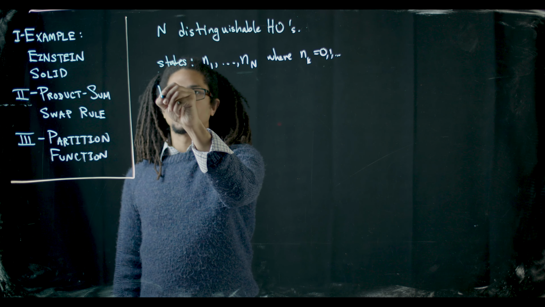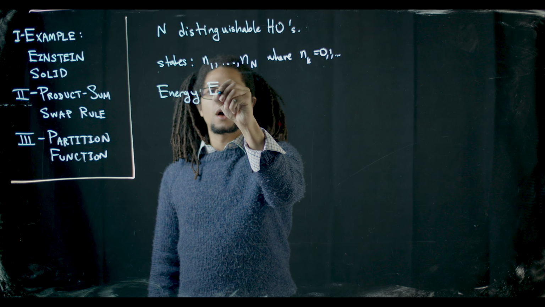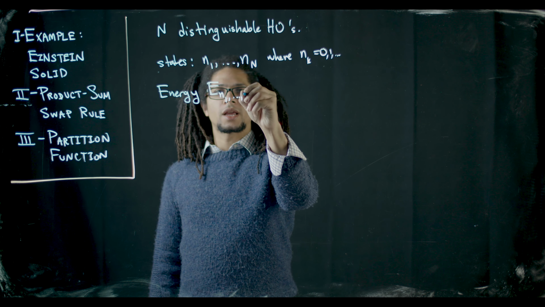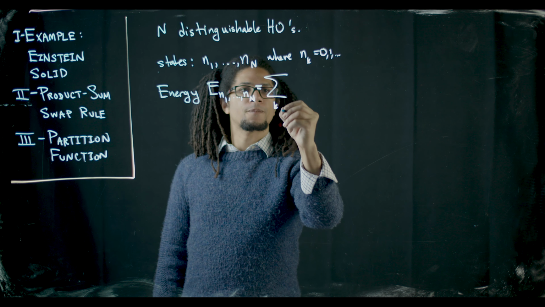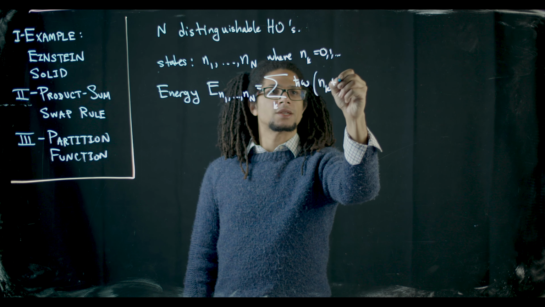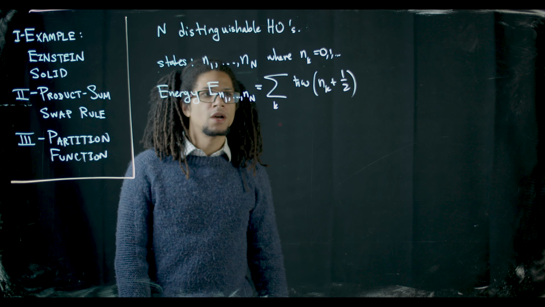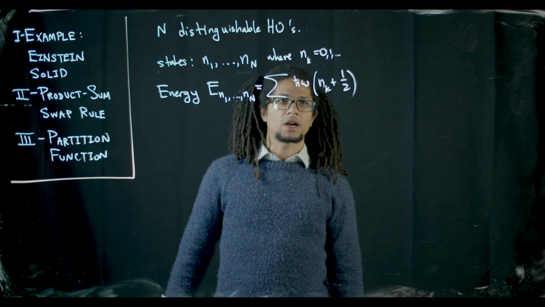Okay, so the energy E_{n_1...n_N} is going to be the sum over k of ħω(n_k + 1/2). In other words, it's just the sum of the harmonic oscillator energies of each of these capital N harmonic oscillators.